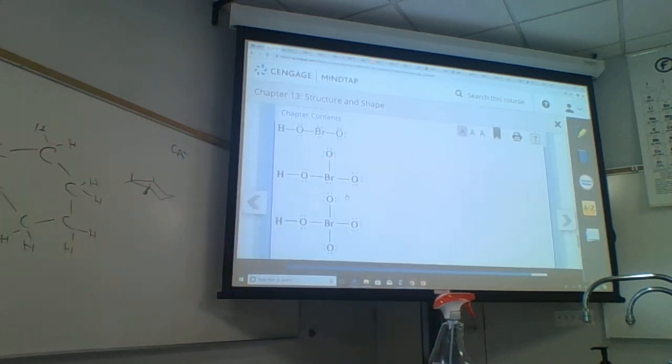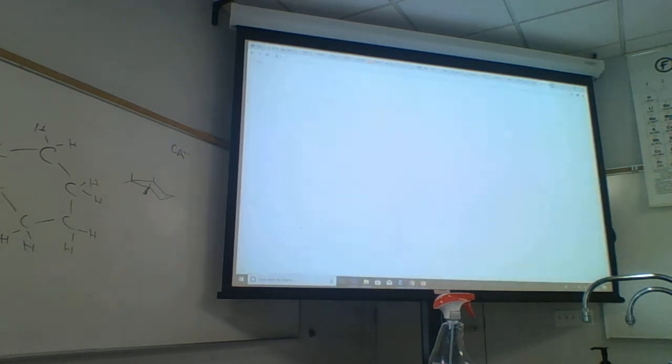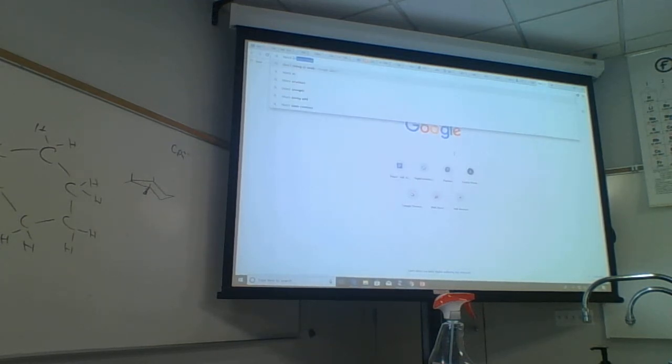We could expand the octet and get rid of the formal charges by forming how many double bonds? 2. And so let's see what people do. HBrO3. And let's take a look at the structure.